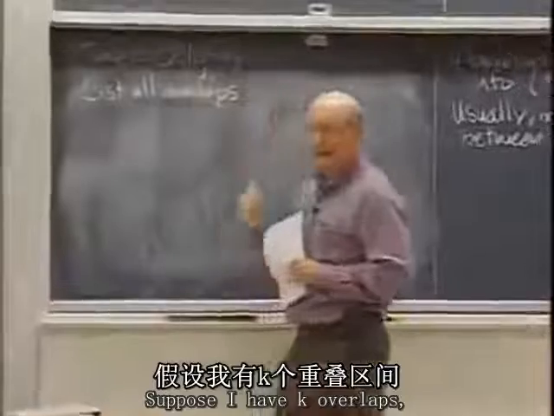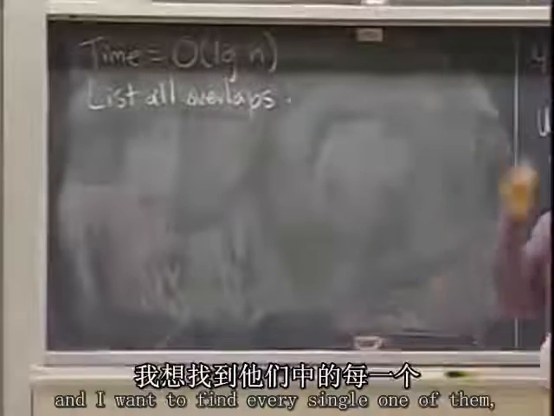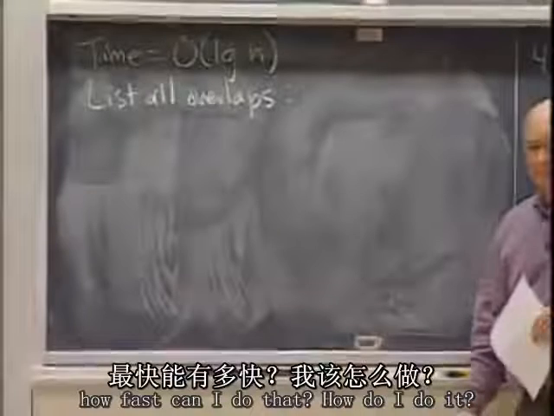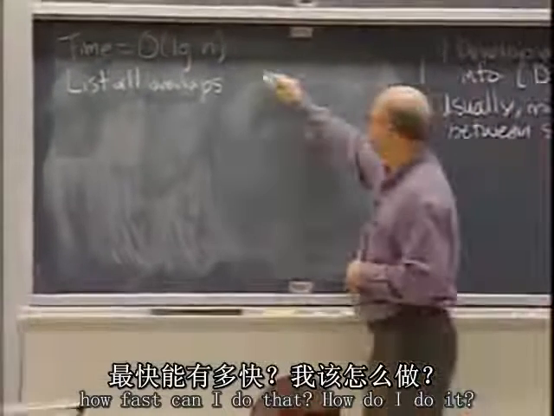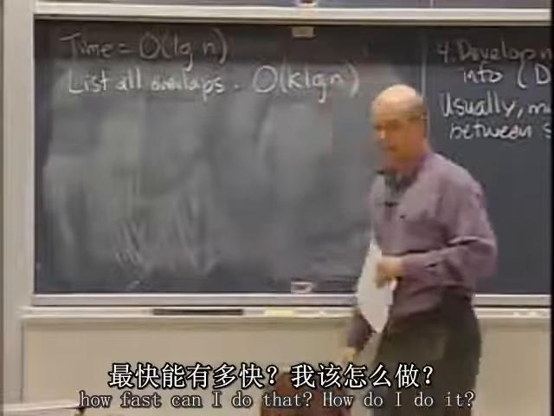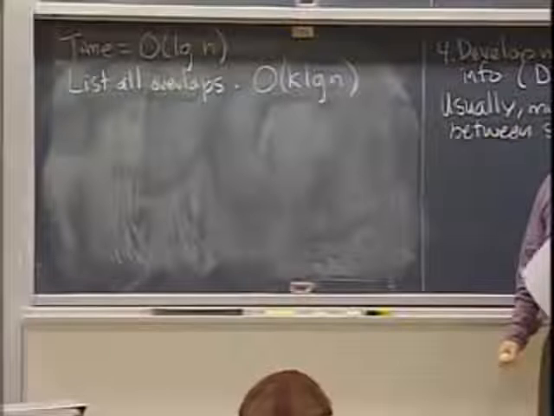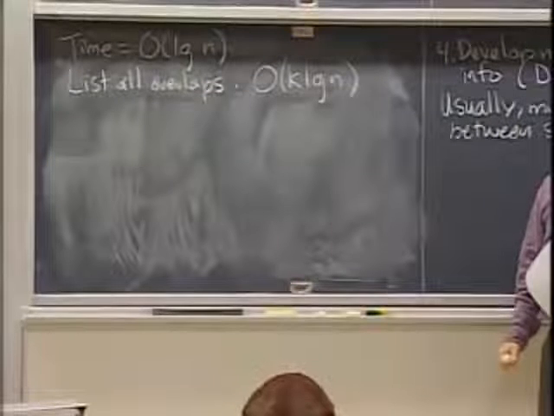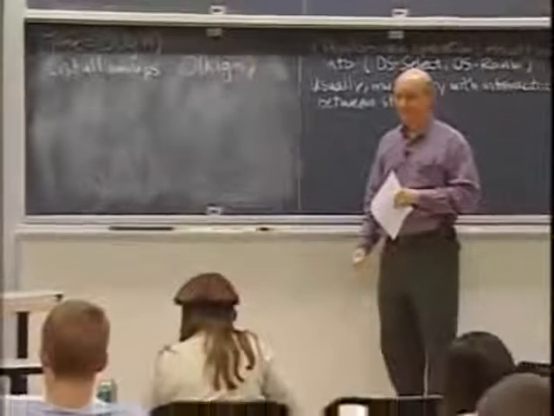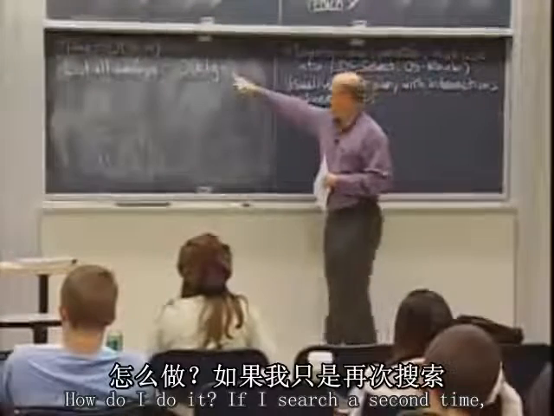Suppose I have k overlaps, k intervals that overlap my query interval, and I want to find every single one of them. How fast can I do that? How do I do it?